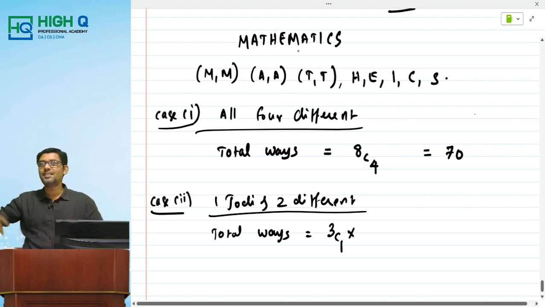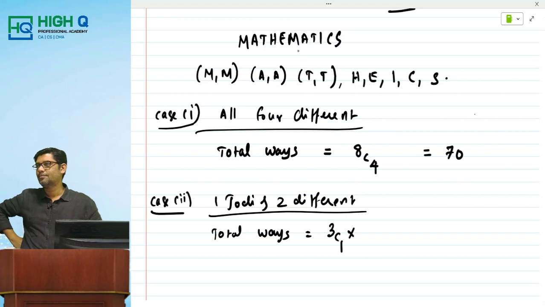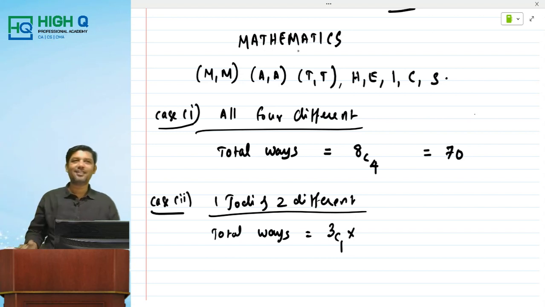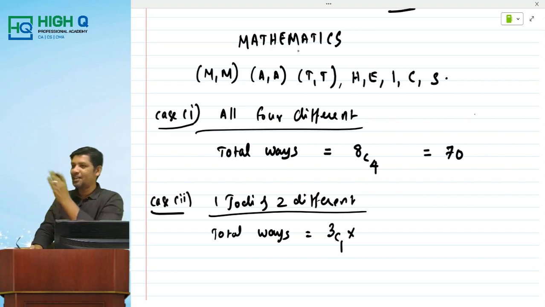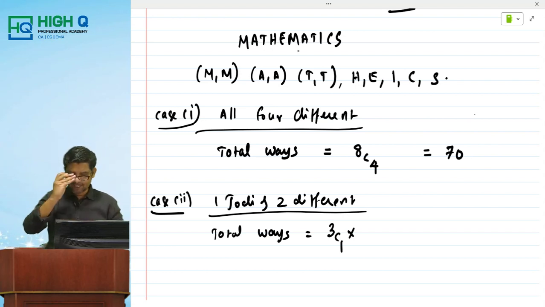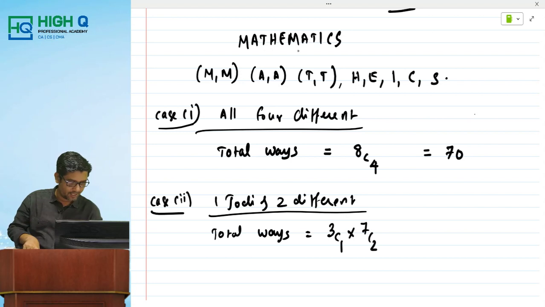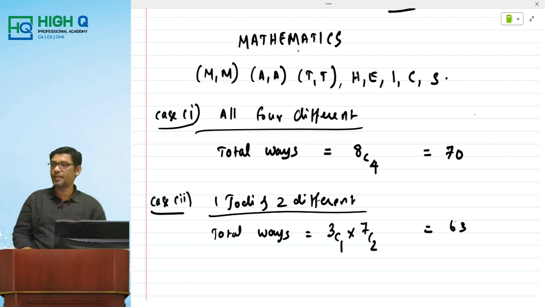How many different letters are there? 7. Very good. 7, because 1 pair came out and remaining how many different letters are there? 7. Out of 7, how many to be selected? 2. So, what is it? 21 3s are 63. Am I right, my dear?